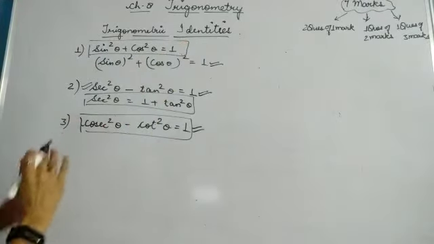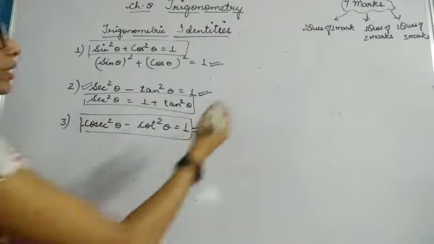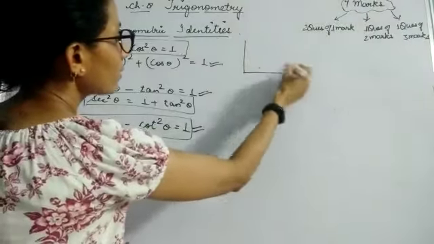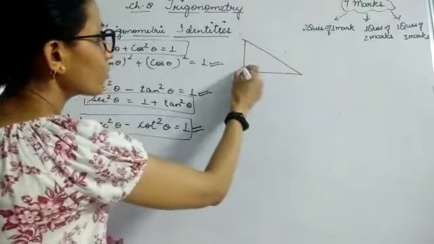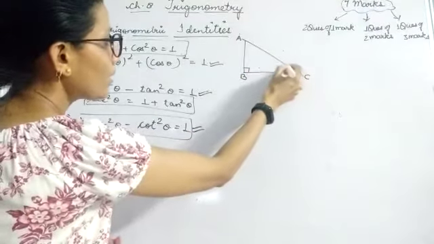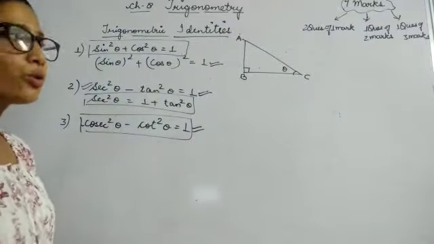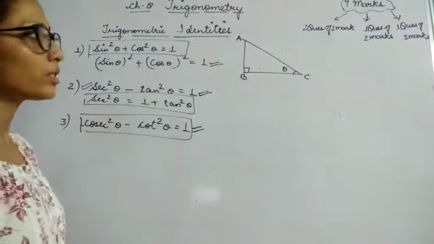Okay. Now let's see how we can do the proofs of these three identities. So first of all, let's take a right angle triangle. Let's say this is A, B and C, and let theta is defined over here. So whenever a right angle is given to you, you can always apply Pythagoras theorem.